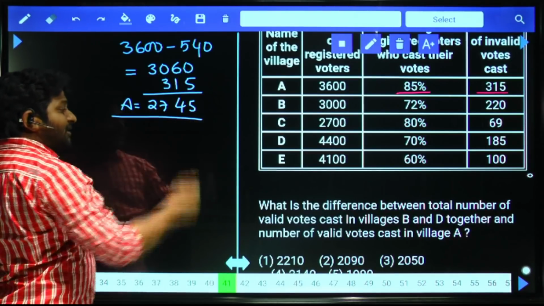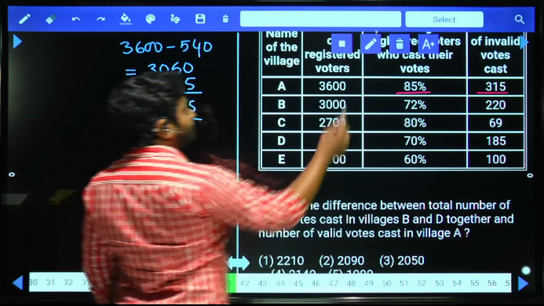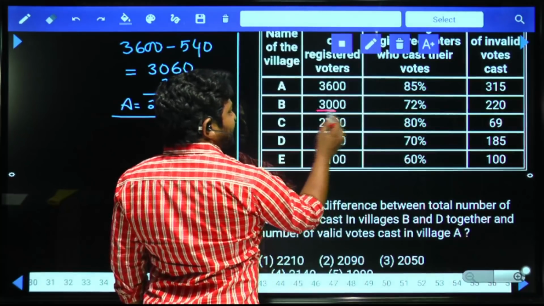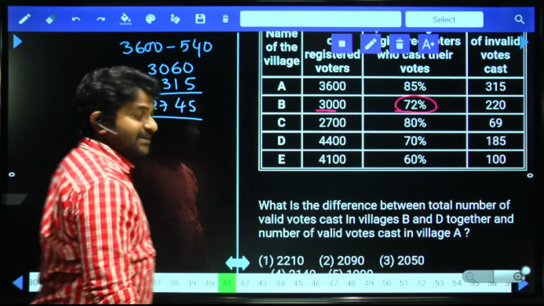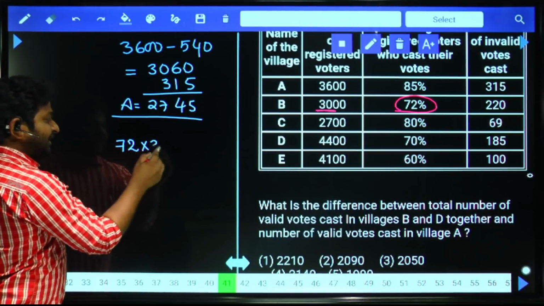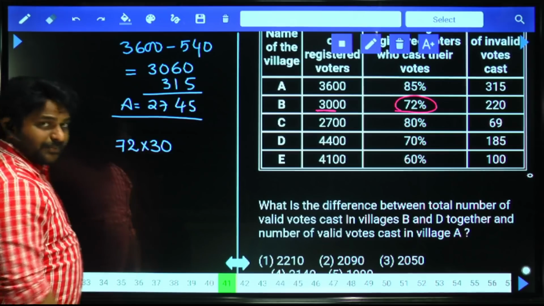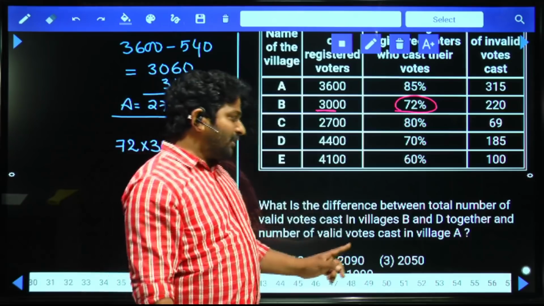Like this, we also need to calculate it for B and then D also. Let's calculate that. Now 1% is equal to 30. But we need 72%. If we need 72%, it is 72 times 30. 72%. These are votes cast, but we need valid votes only.